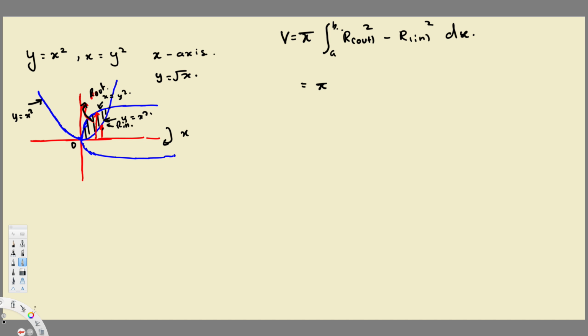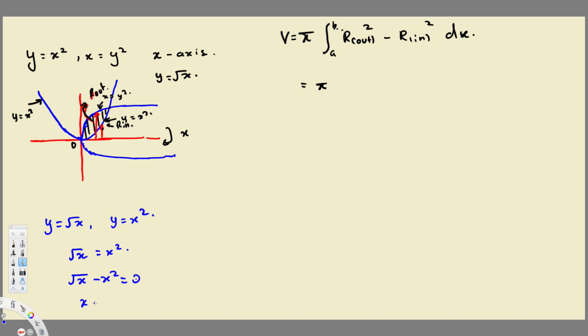So let's go ahead and equate those. First we have y equals root x, and the other one is y equals x squared. If we equate both of them, root x equals x squared, and let's bring them together to one side: root x minus x squared equals 0. If I square both of them, that will make this simpler.